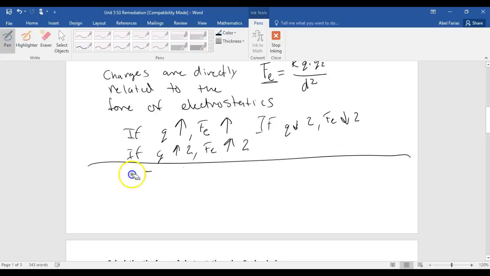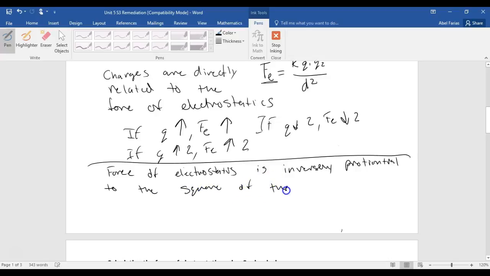So what that means is that force of electrostatics, let's go ahead and rewrite this. Force of electrostatics is inversely proportional to the square of distance.